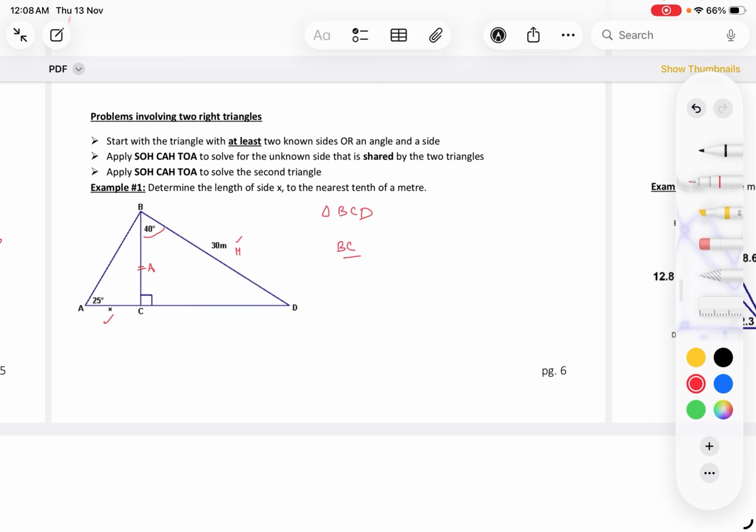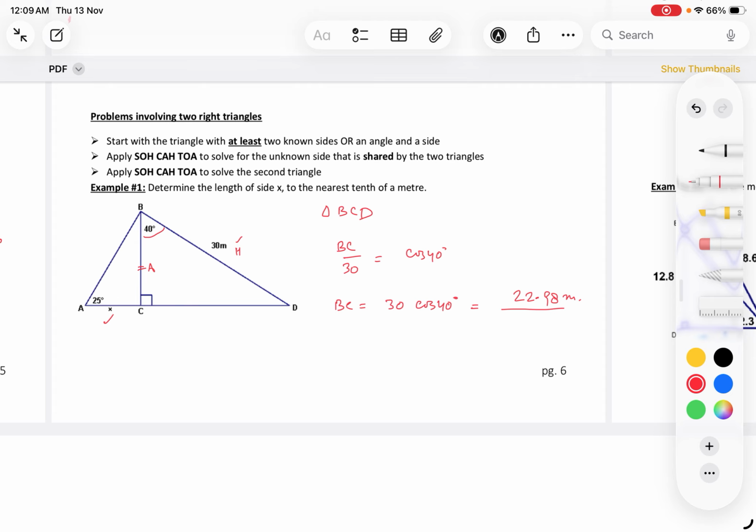So BC upon 30 is equal to cos 40. It means BC is equal to 30 cos 40 degrees. We find it out. 30 times cos 40 comes out to be 22.98.